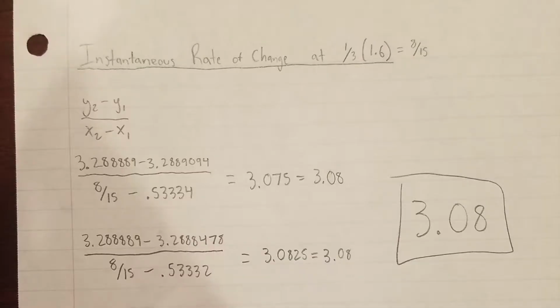We found the instantaneous rate of change at 1/3 t, which came out to be 8/15. We used the equation y2 minus y1 over x2 minus x1.